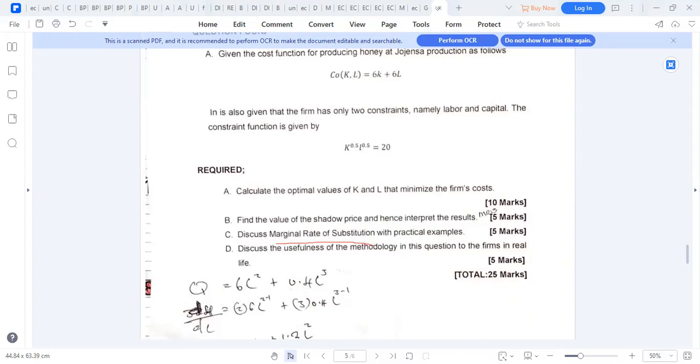So marginal rate of substitution is real. It's a primary concept that individuals and firms actually use in real life, and firms measure what is called the marginal rate of technical substitution. So I'll give you a few examples in which marginal rate of technical substitution is applied either in firms that produce or in firms that are in service. So here is how I could outline it for you.